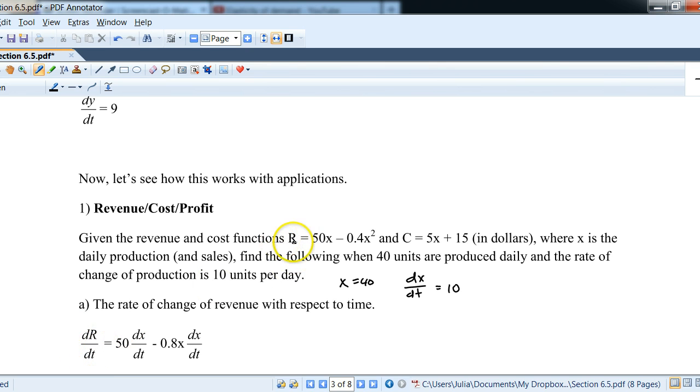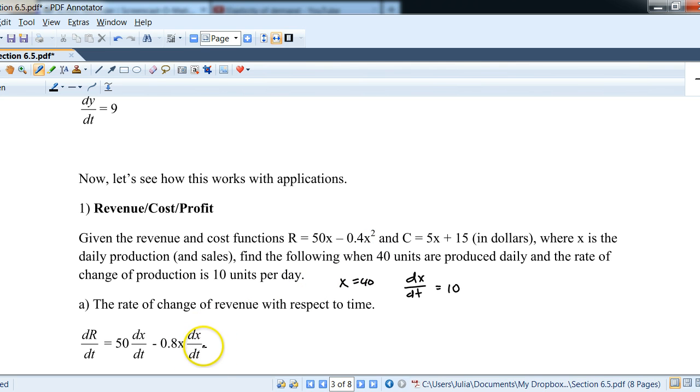And remember, when it's just a variable to 1 power, that's the derivative, equals 50, recall the derivative of x, that becomes 1, but you get dx/dt, minus, and then you differentiate the outside, 0.4 times 2, that's 0.8. You keep the x, because it just becomes x, so this is the outside, times dx/dt, the derivative of the inside.